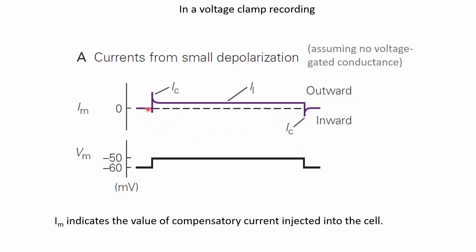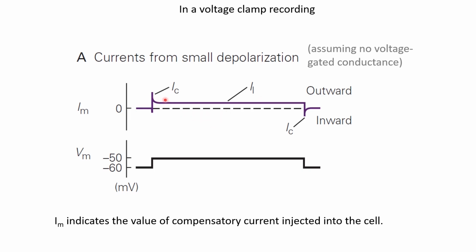And in between, the capacitive current will be zero. Also at this resting membrane potential, the leakage currents were zero. But when the membrane potential becomes more positive, the difference between the membrane potential and the equilibrium potential of leakage channels becomes large. So the leakage currents will flow out of the neuron to make the neuron more negative, which means that the compensatory current will flow in to compensate for the leakage currents.